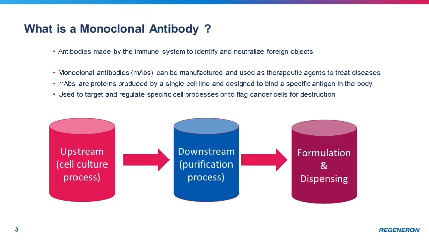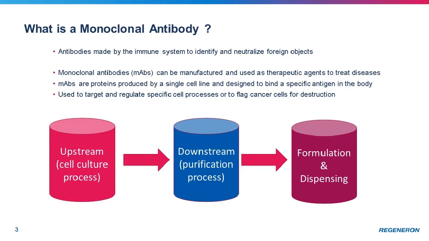This allows us to use them to target and regulate specific cell processes, or even to flag cancer cells for destruction. Now, producing these monoclonal antibodies involves a very complex manufacturing process. To simply explain this process, it is composed of an upstream cell culture process, where a culture of cells is grown under controlled conditions to produce the antibody of interest.